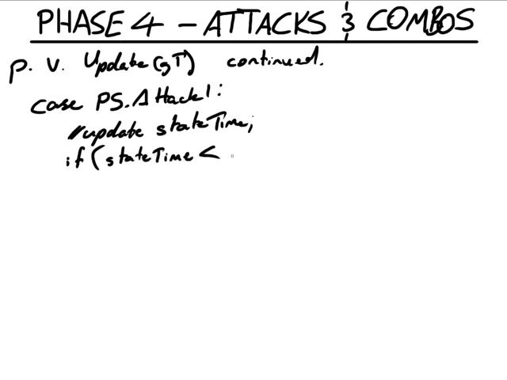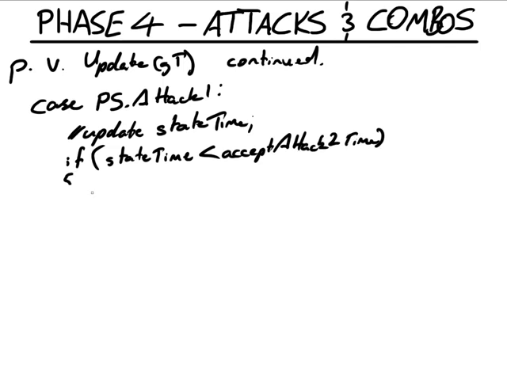is less than our accept attack 2 time. Now, if we are less than accept attack 2 time, then that means we should be checking for input to see if our player has pressed the next attack button.